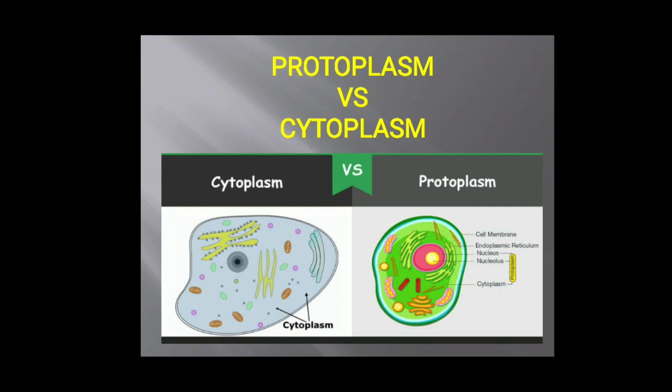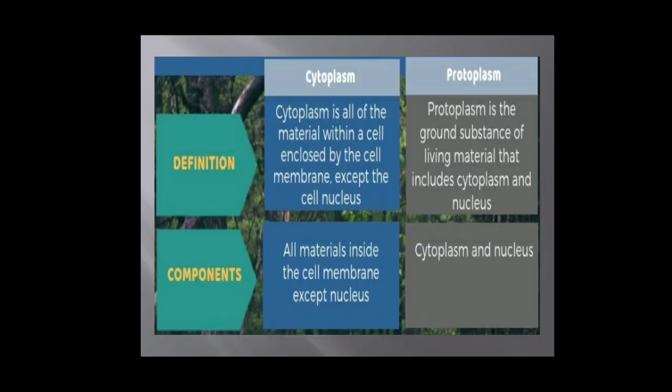The material inside and outside the nuclear membrane was differentiated only after the discovery of the nucleus. So they renamed the protoplasm as cytoplasm, and the fluid inside the nucleus was known as the nucleoplasm or nuclear fluid.